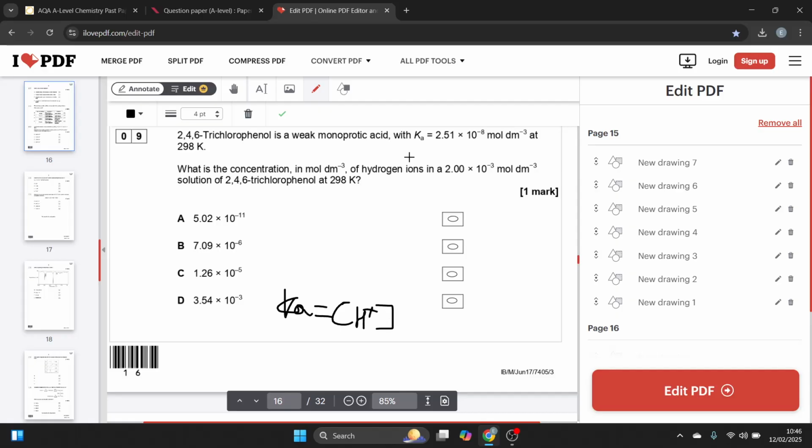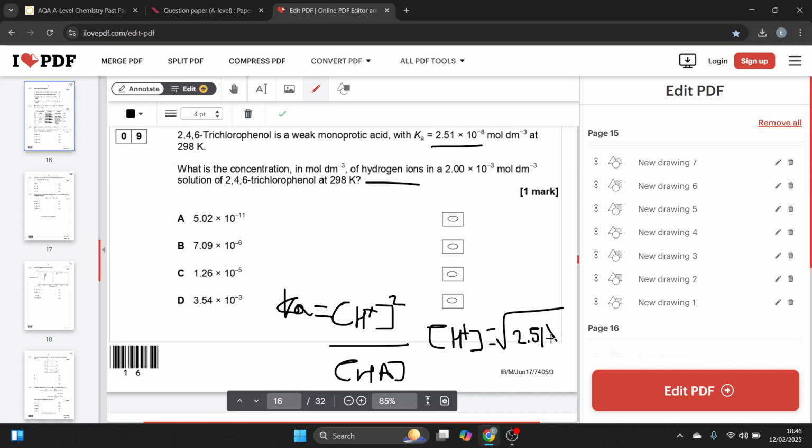I want to find the concentration of hydrogen ions, so the concentration of hydrogen ions equals the square root of Ka, 2.51 times 10 to the power minus 8, times 2.00 times 10 to the power minus 3.